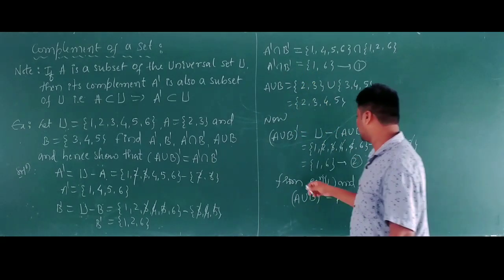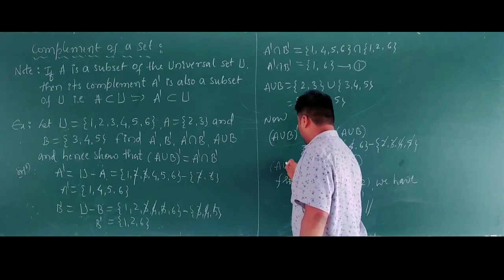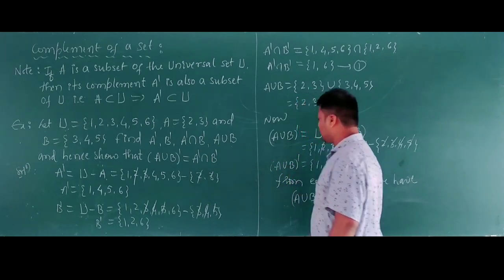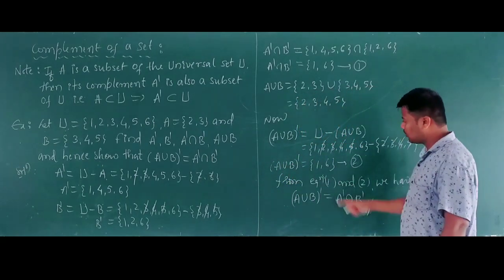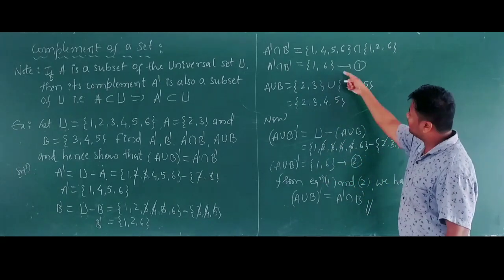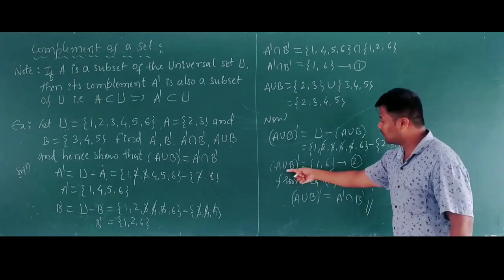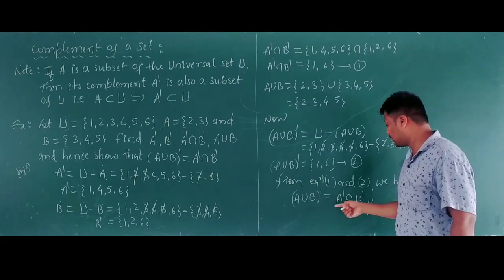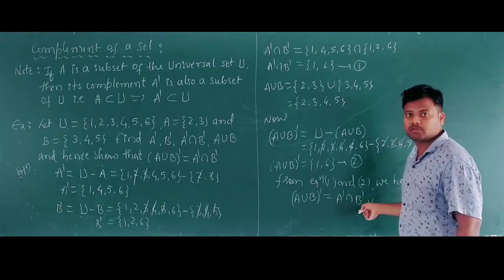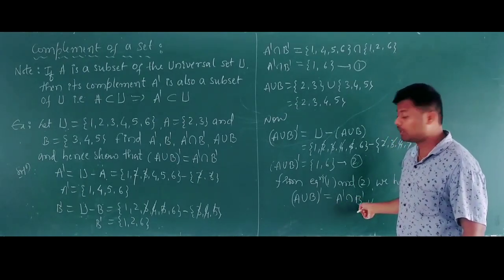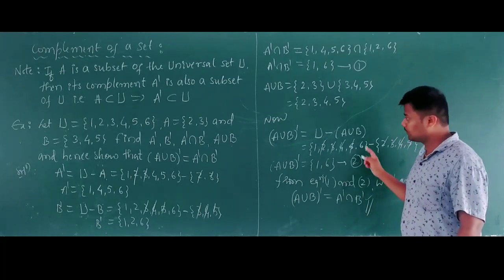Similarly, A union B whole complement also contains 1, 6. So they are the same. That's why A union B whole complement equals A dash intersection B dash. This is called De Morgan's law. Note this down.